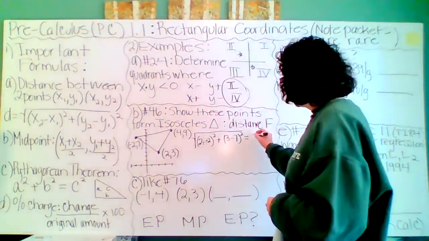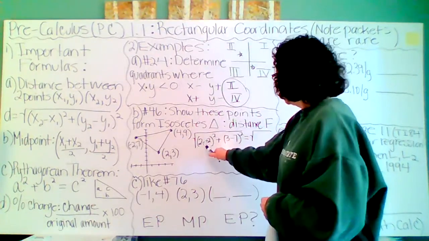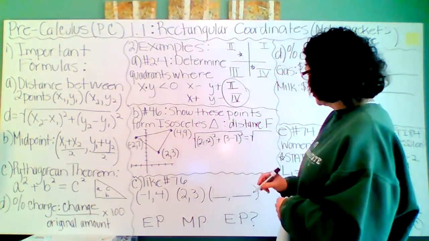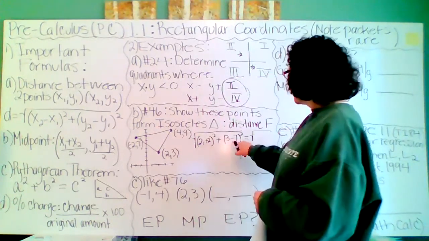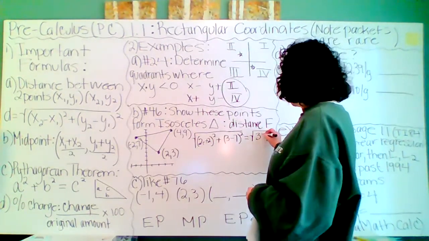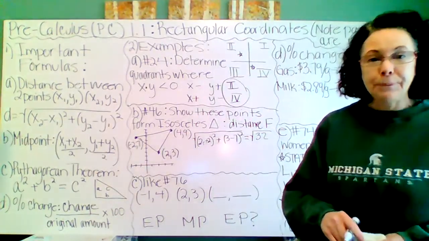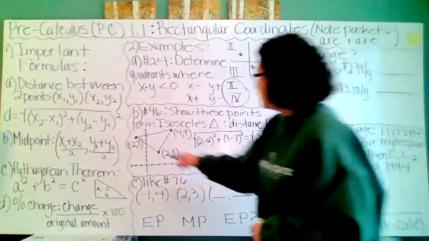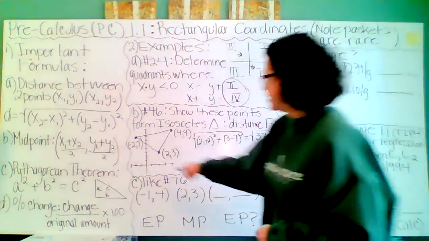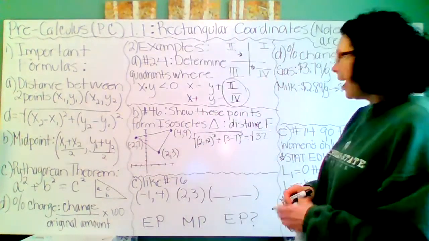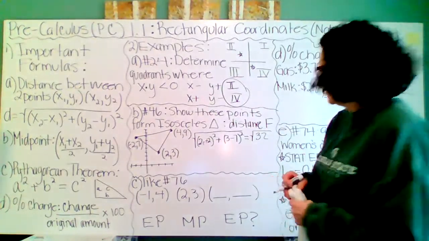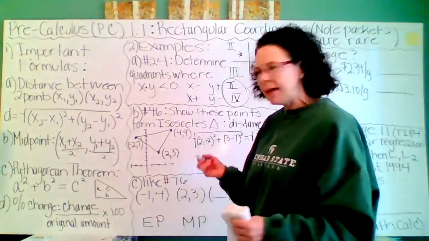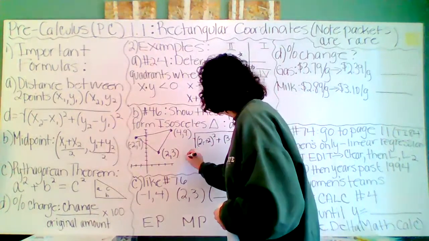I get 16 here, 16 plus 16. And let's do this again. 4 squared is 16. -4 squared is 16. I have the square root of 32. Between these two points, that distance. I'm going to leave it because if something else is a square root of 32, then I'm good, right? So I don't really need to make it a decimal or reduce it in any way.